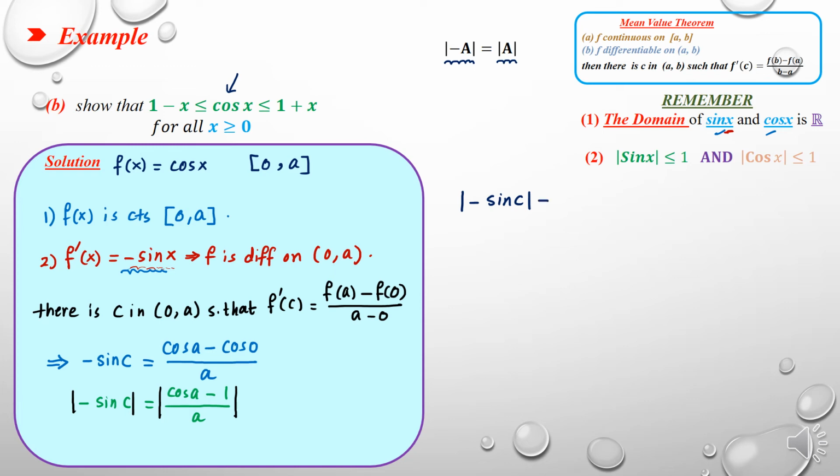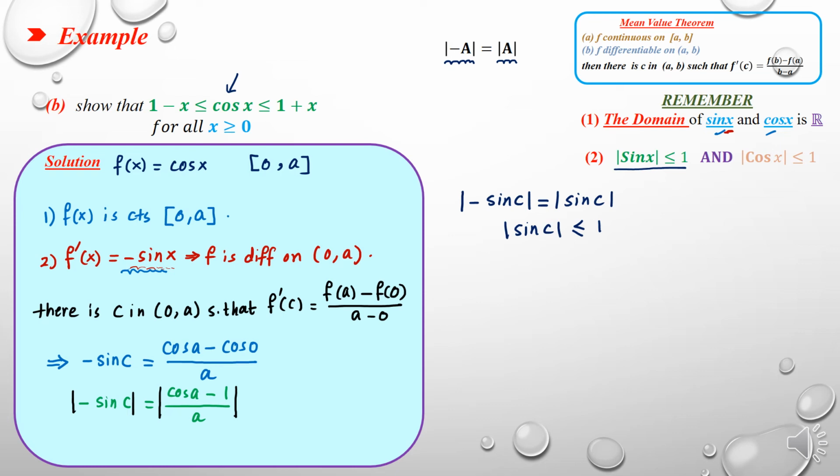So we can write this as the absolute value of sine c. And we know that the absolute value of sine x in general is less than or equal to 1. So we have the absolute value of sine c is less than or equal to 1.